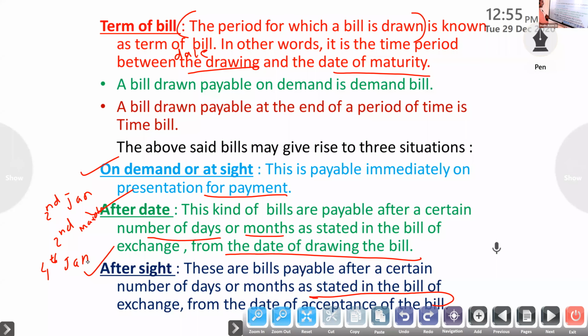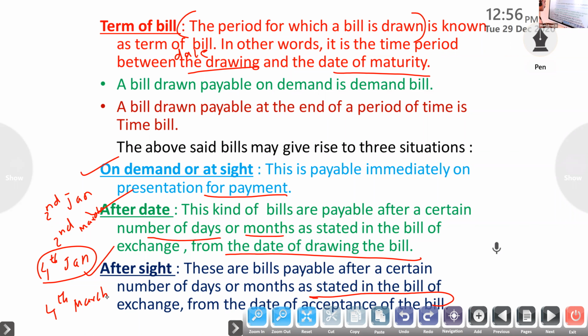So here I have to take from 4th Jan to 2 months, that is 4th March. When he accepts with his signature and date, that date plus the months is the maturity date.